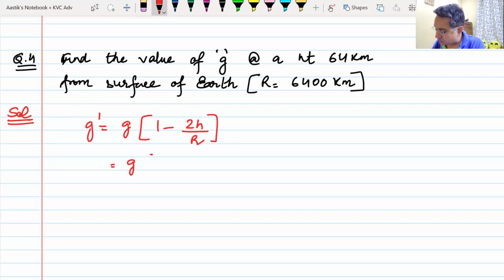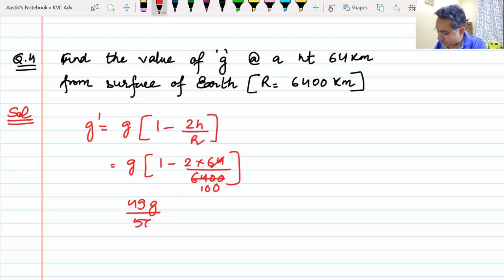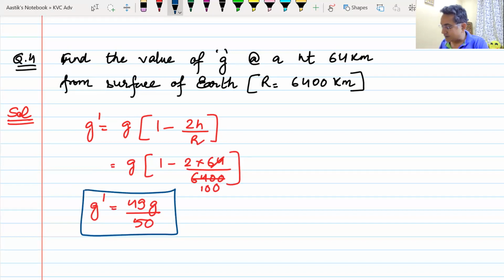So G into 1 minus 2 into 64 divided by 6400. So this becomes 1 by 50. G into 1 minus 1 by 50. So it is 49 times G by 50. That is your answer in this case. Do we understand this? Yes, sir.